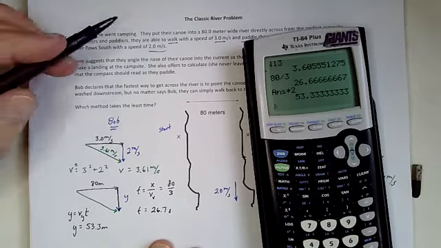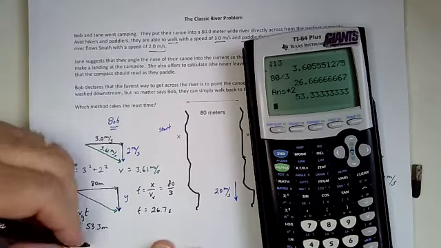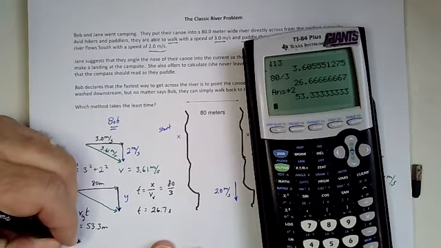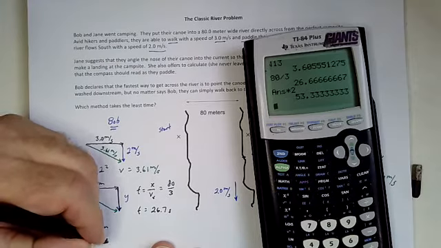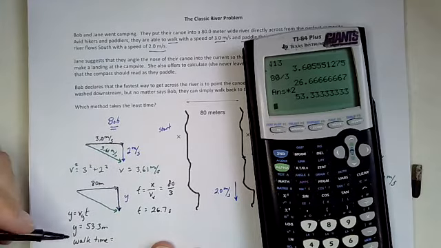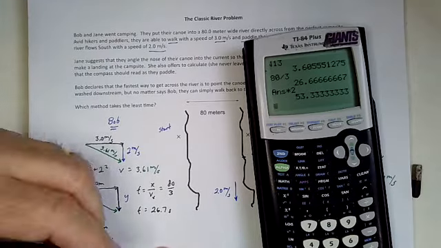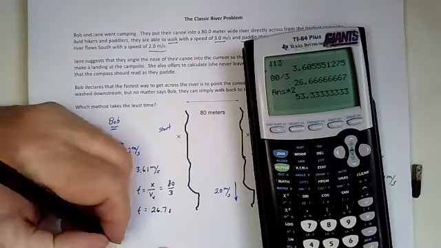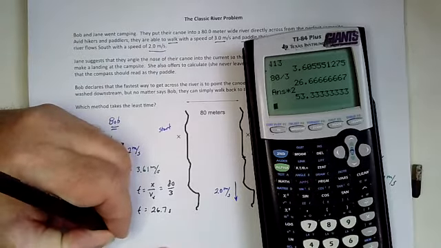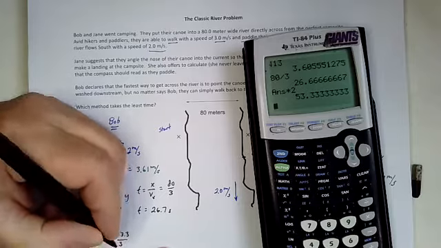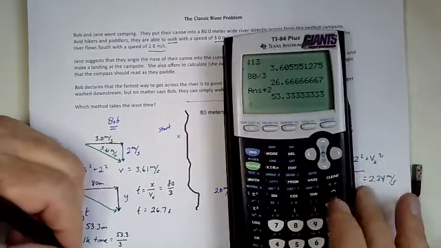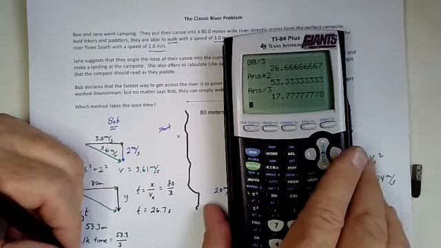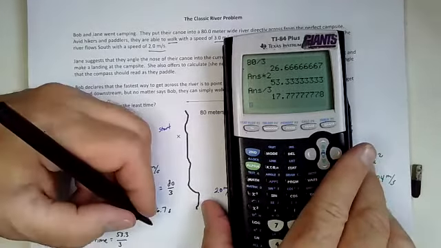So their walking speed is 3. So the walk time is going to be equal to 53.3 divided by 3. So I'll divide that by 3. And that's 17.8 seconds.